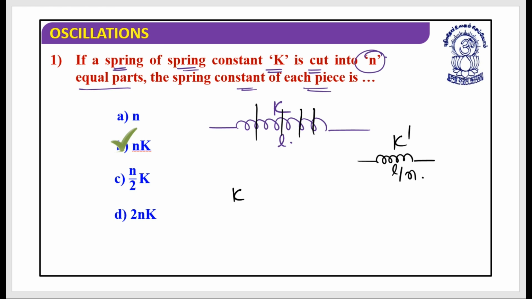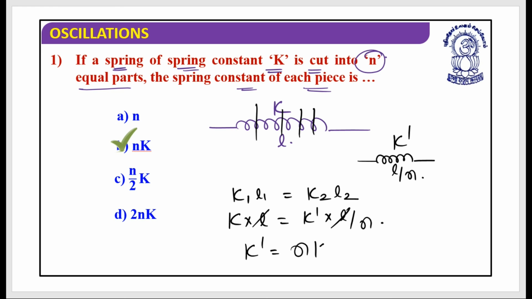We have the relation k1 L1 equals k2 L2. So k multiplied by L equals k dash multiplied by L by n. The L cancels, and k dash is equal to n into k. So this is the spring constant of each part.